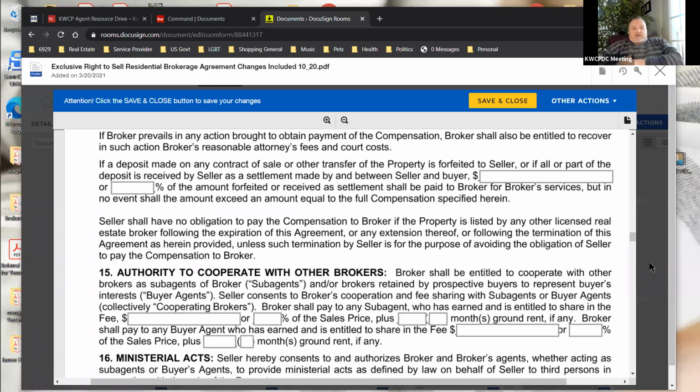All right. Seller shall have no obligation to pay the compensation to the broker if the property is listed by any other licensed real estate broker following the expiration of this agreement or any extension thereof, or following the termination of this agreement as provided herein, unless such termination by the seller is for the purpose of avoiding the obligation to the seller to pay the broker compensation of the broker.